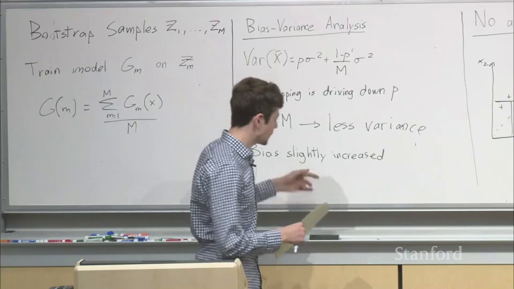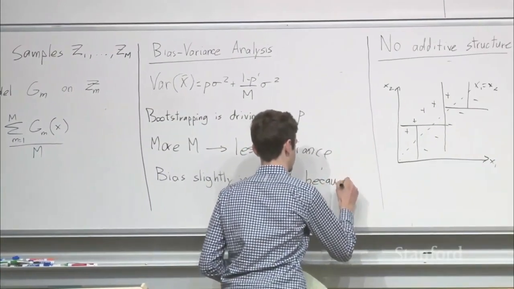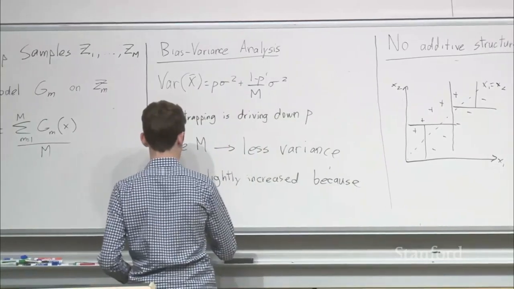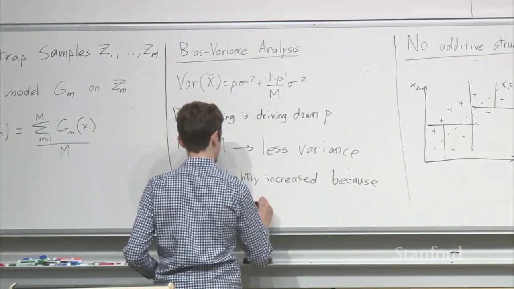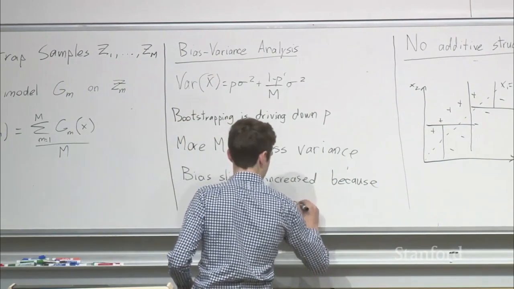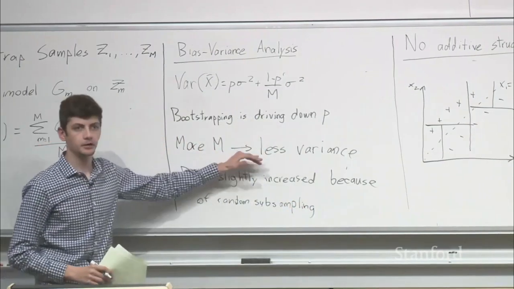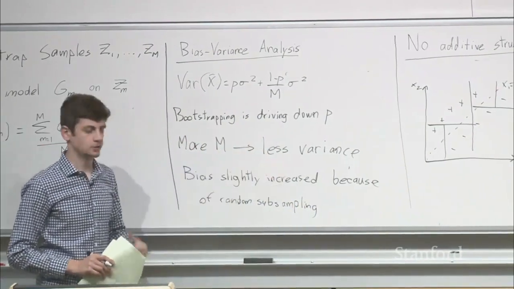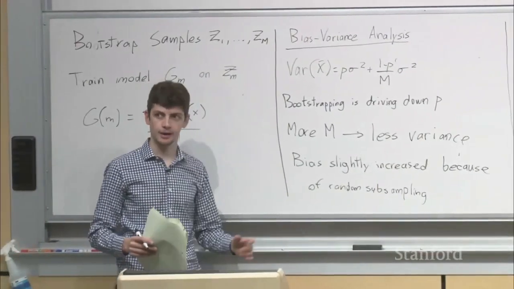Okay, so your bias is slightly increased because of random subsampling. But generally, the decrease in variance that you get from doing this is much larger than the slight increase in bias you get from this randomized subsampling.